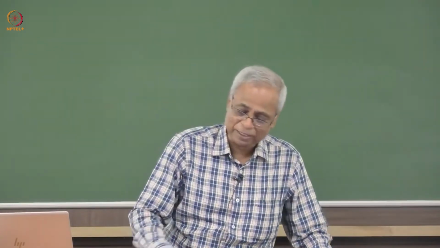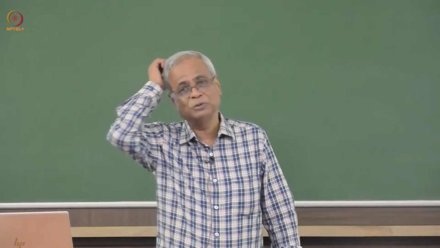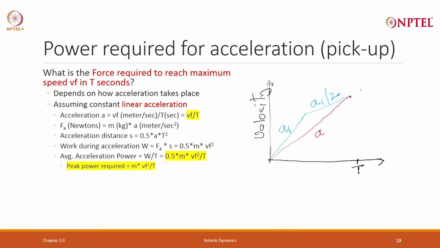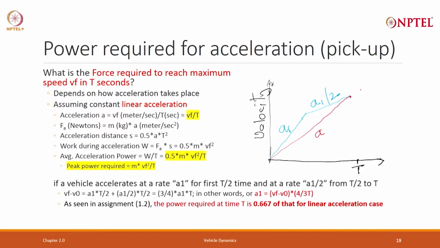So, can I split it into a1 and a1 by 2? What happens to the peak power requirement? You will find if you do this, and I have given this problem in assignment number 1.2, that the peak power requirement goes down to 0.667.